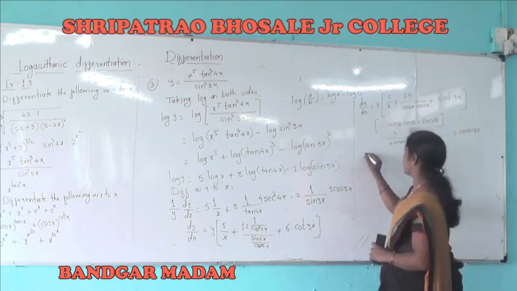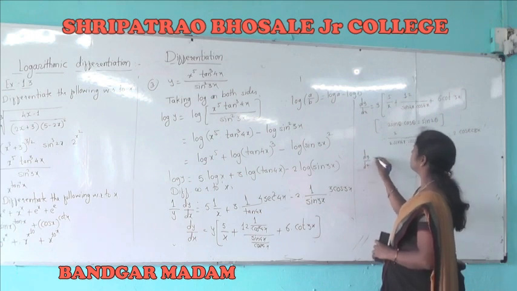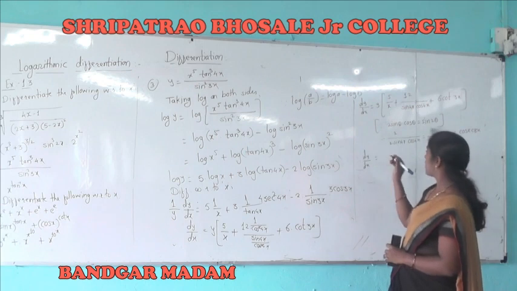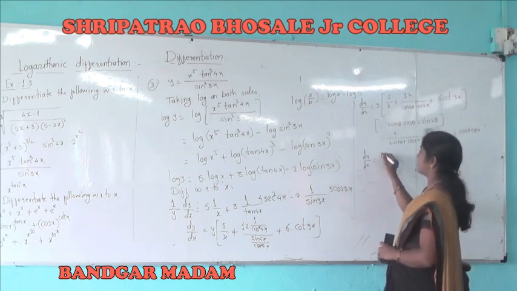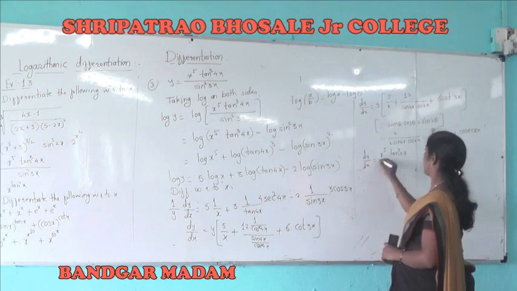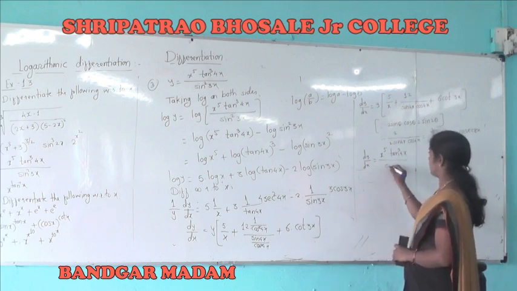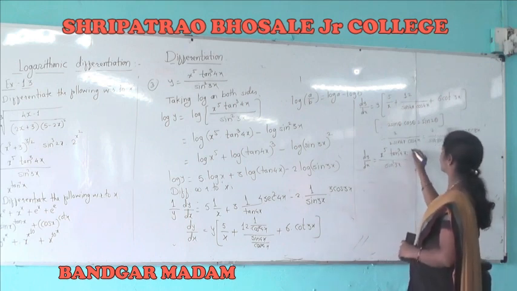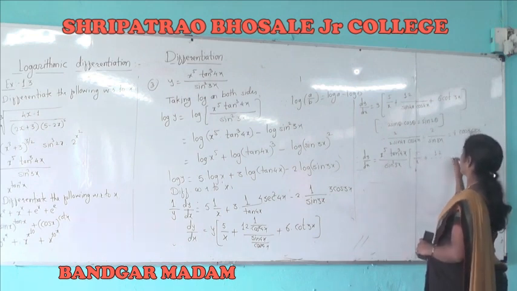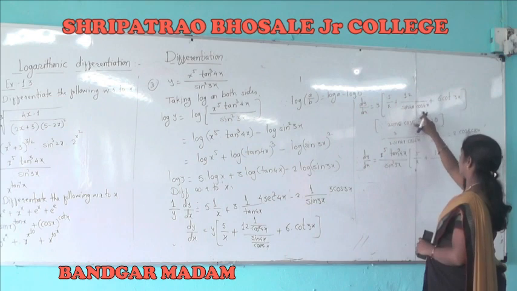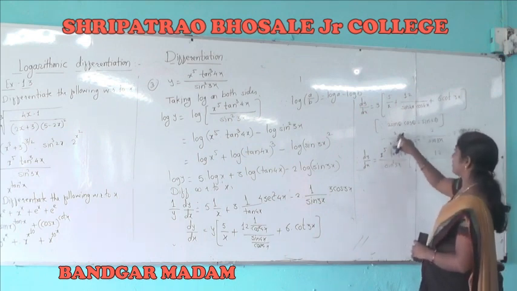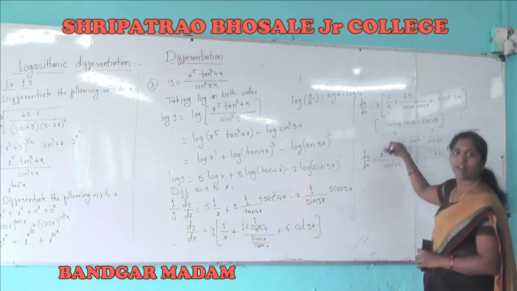Hence dy by dx is equal to, we will write the value of y here and we get the final answer. y is equal to x raised to 5 tan cube 4x upon sin square 3x into 5 by x plus 12 upon sin 4x cos 4x; we have to multiply and divide by 2.